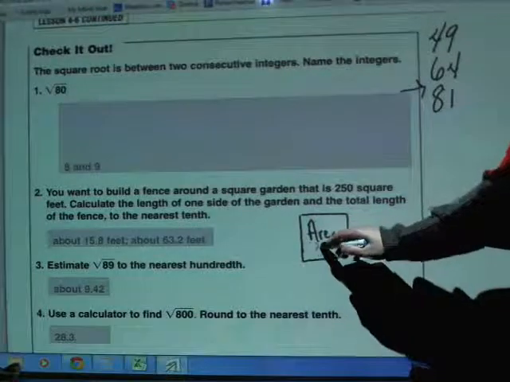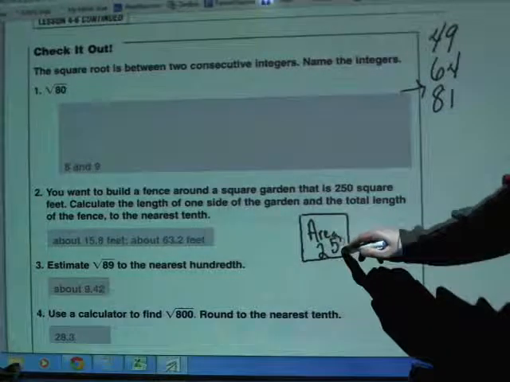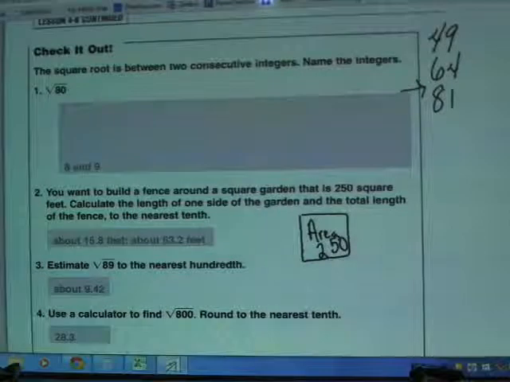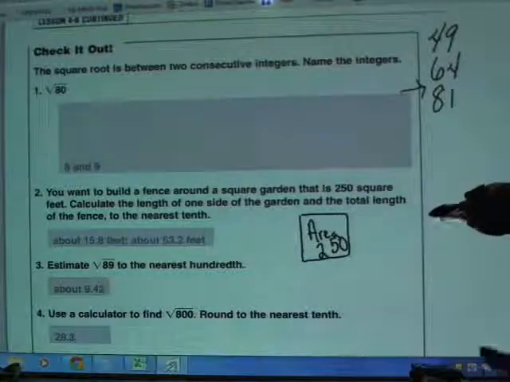And we're supposed to figure out what the length of one side of the garden is and the total length of the fence that's going to be around that garden. Again, length times width is how we find the area, but in a square, the length and the width are identical. So it's really what number do I square that makes 250 here.